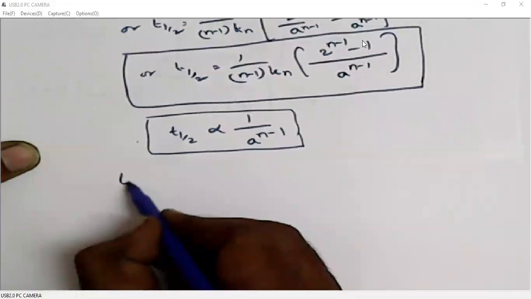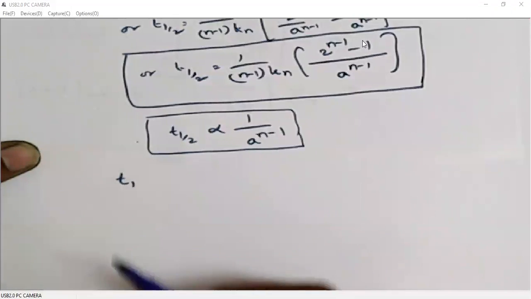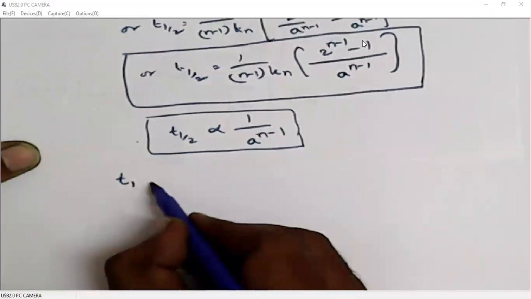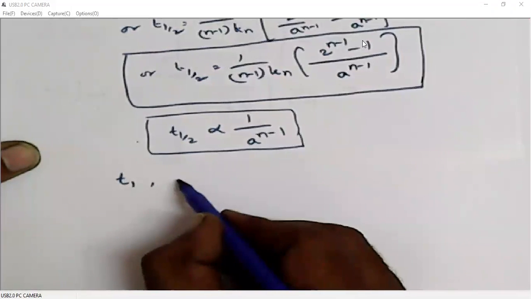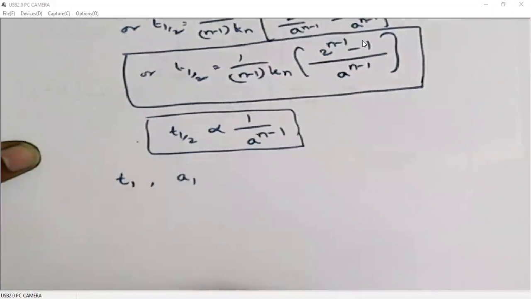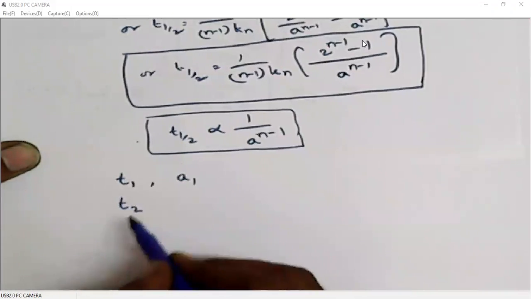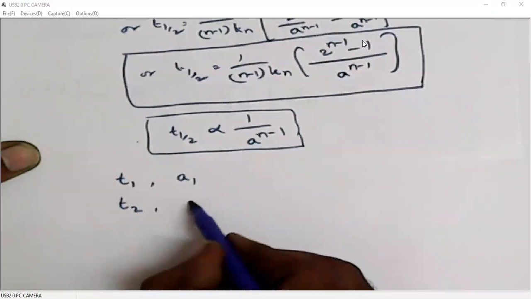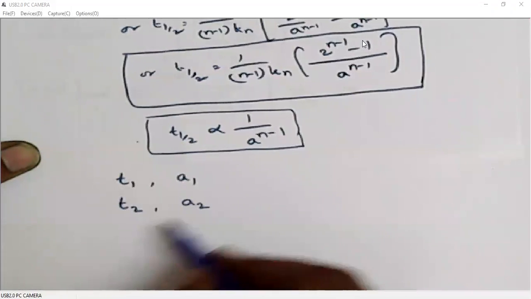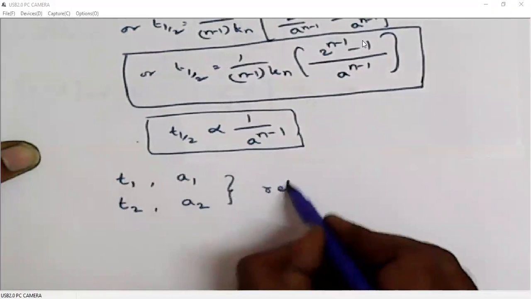For example, if a reaction has a half-life T1 with an initial concentration of A1, and a second reaction has a half-life of T2 with an initial concentration A2, then what is the relation between them?